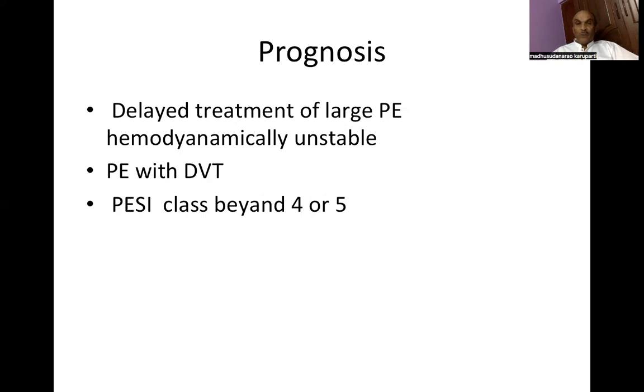There is a scoring system used, with score less than 65 as class 1, 65 to 85 class 2, 85 to 105 is class 3, 105 to 120 is class 4, and beyond 125 is class 5. So class 4 and 5 is associated with high degree of mortality.